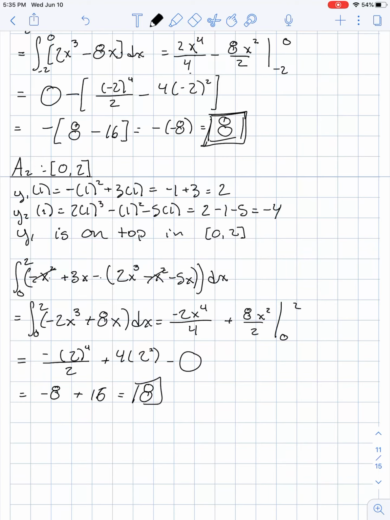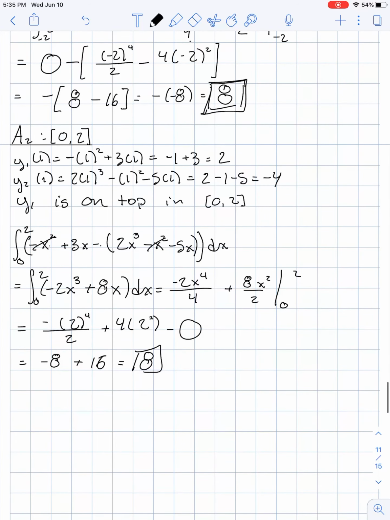And that also equals 8. That was fun. All right, then we can add those both together. And I get 8 plus 8, which equals a whopping total of 16.